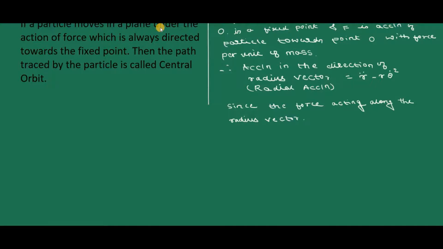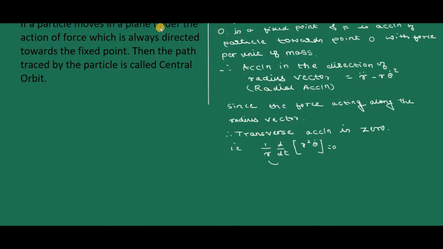What is the formula for transverse acceleration? 1 by r d by dt of r square theta dot is equal to 0.